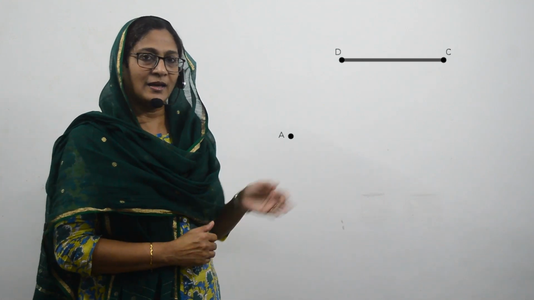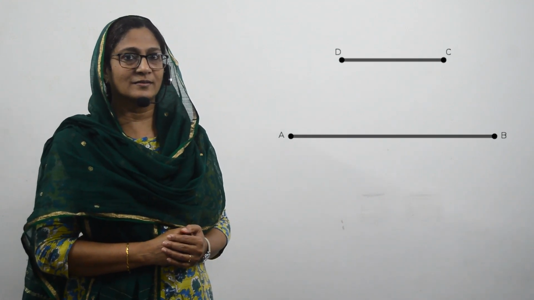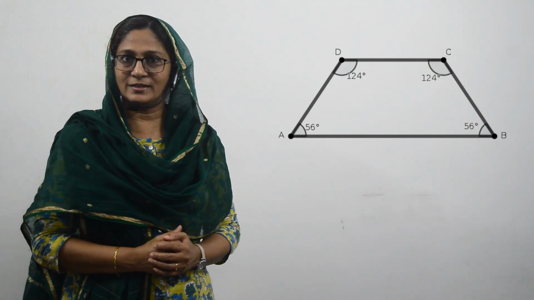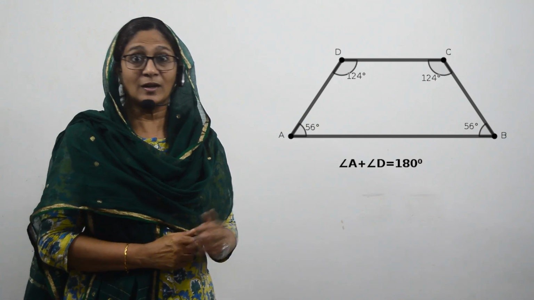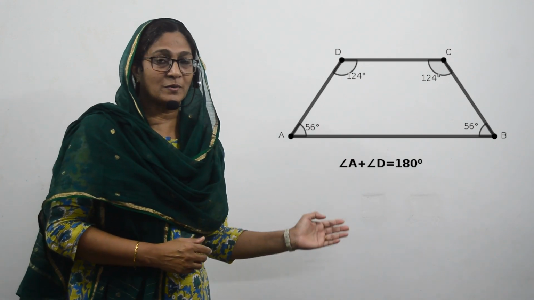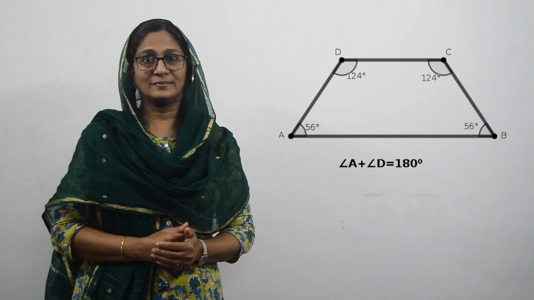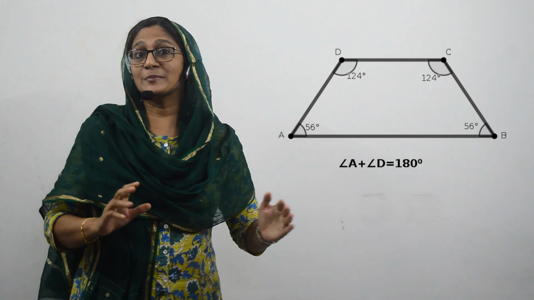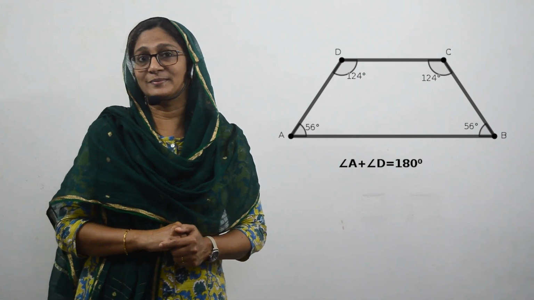What about an isosceles trapezium? Just as we have seen earlier, we have a set of parallel lines and a set of interior angles. Angle A plus angle D is 180 degrees. Now let's consider angle B. What do you think about angle A and angle B? Yes, true. It's an isosceles trapezium.